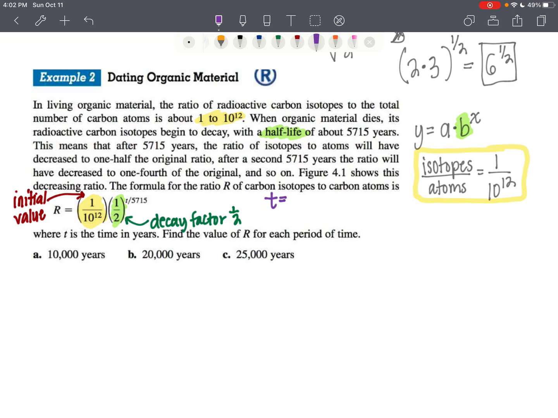T is equal to the number of years, because we're talking about 5,715 years, since the organic material has died.